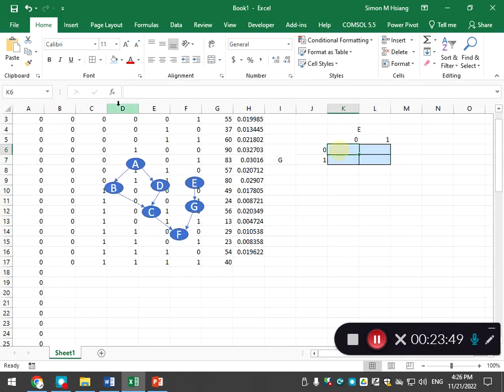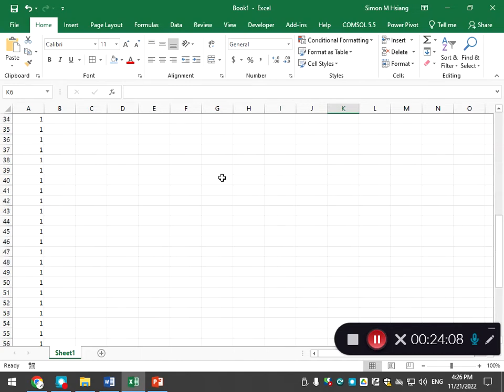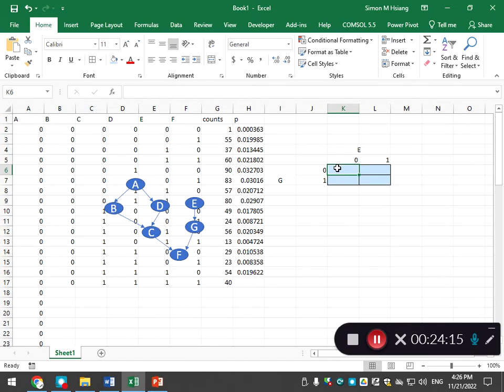Okay, people, do I have information from this counting information to build this 2 by 2 table? Because I have how many times E is 0, G is 0. I can do a count, or a sum if or count if. If E is 0, G is 0, I count how many of them, I put a number down. And then how many is here, how many is here. So I can build a 2 by 2 table.